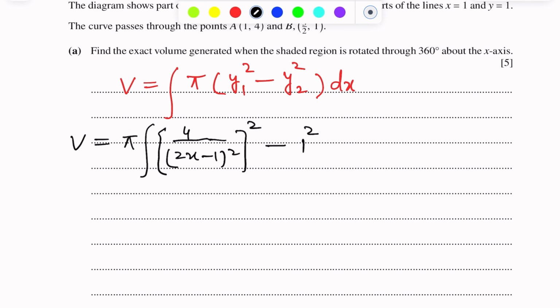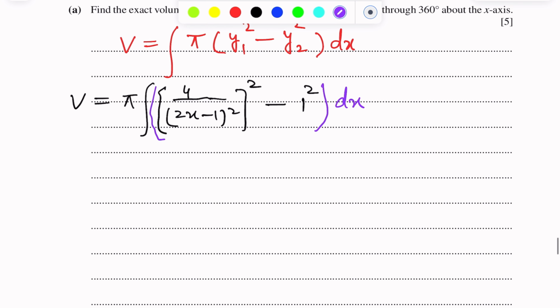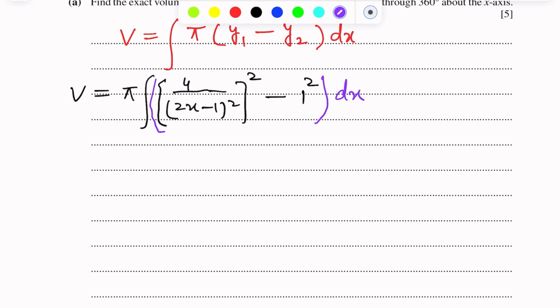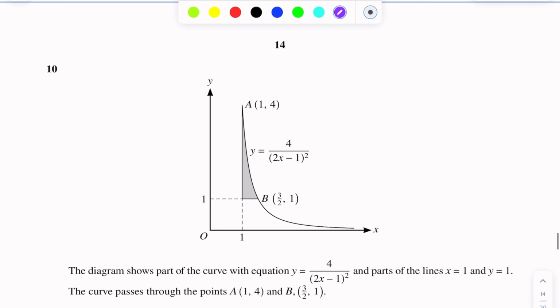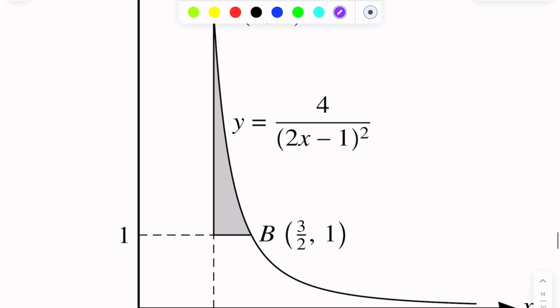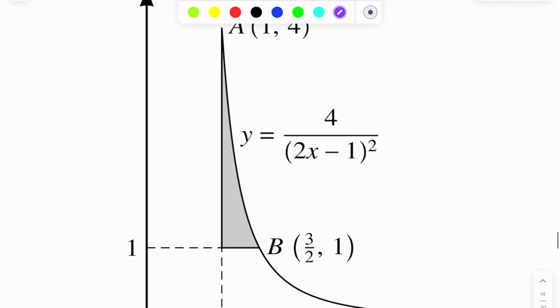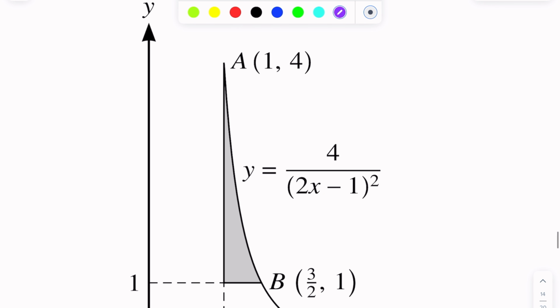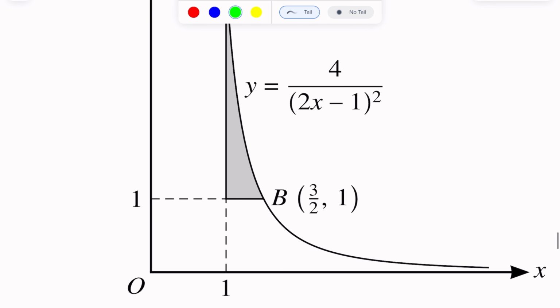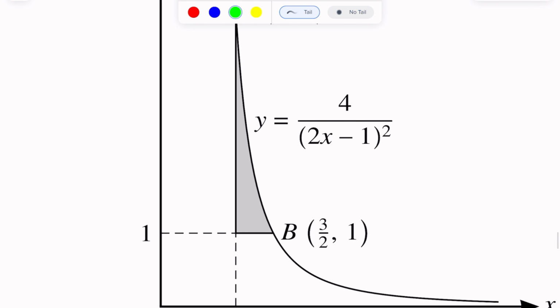Now we have to integrate this with respect to x, and the limit is the point of intersection of the line and the curve. So limit is 1 to 3 over 2.